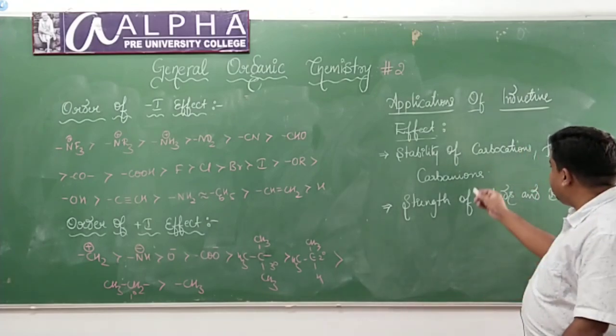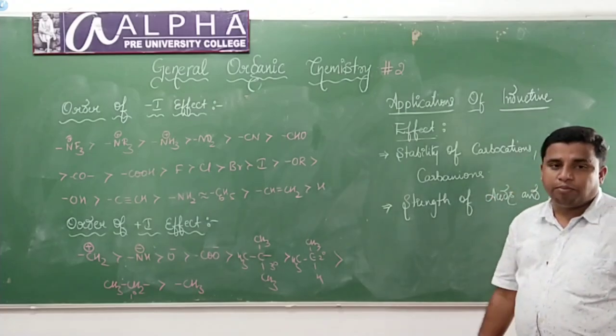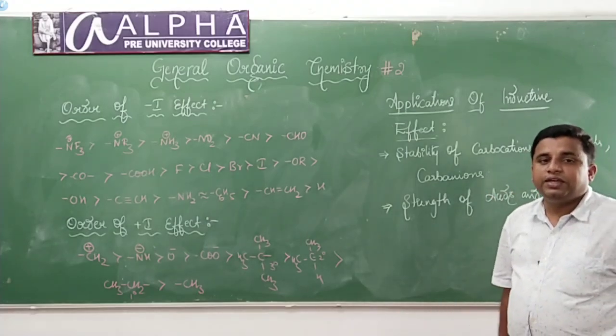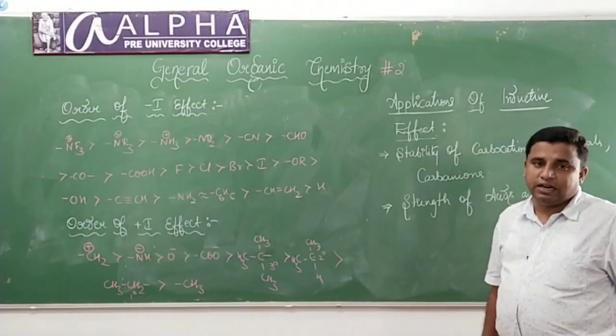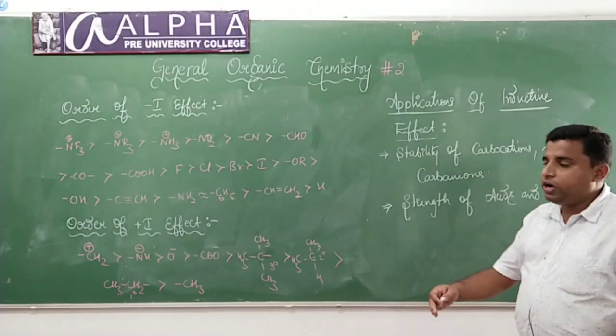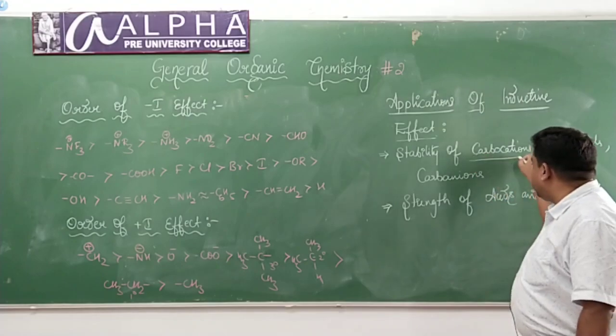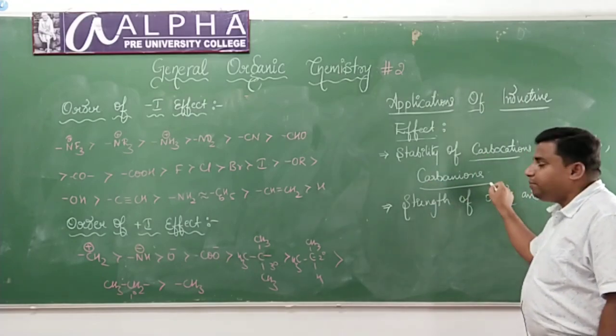Well, we will see the stability of carbocations, free radicals and carbanions when I talk about the reaction intermediates. Then and there itself I will use inductive effect to explain the stability of carbocations, free radicals and carbanions.